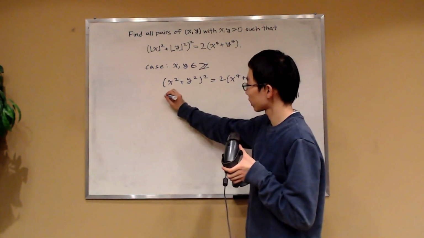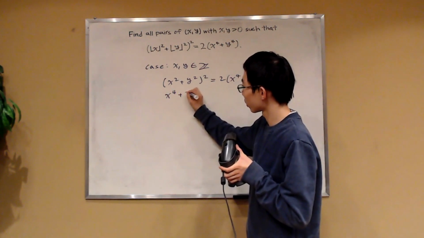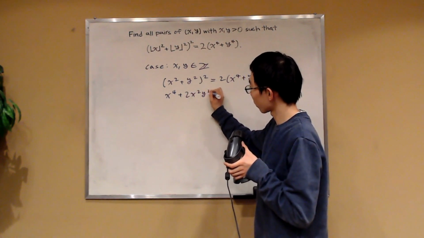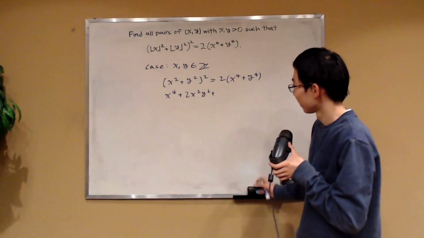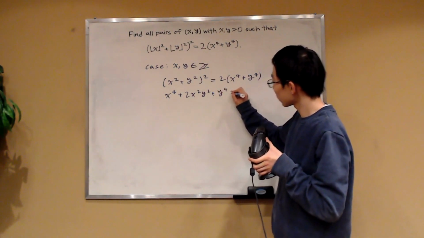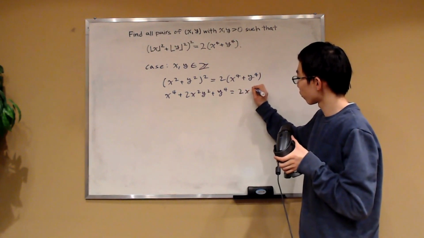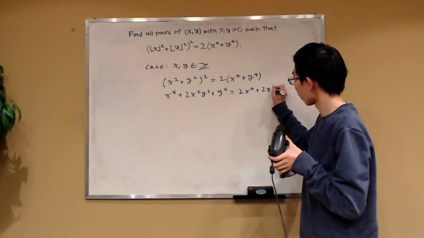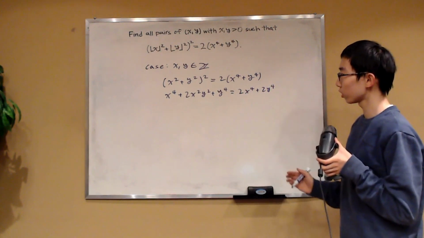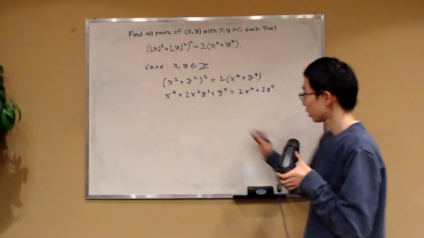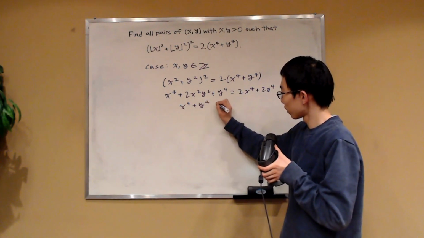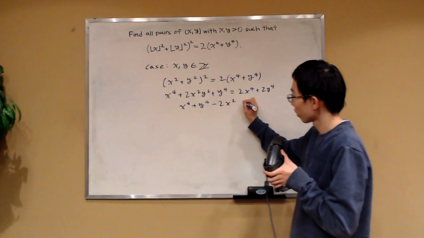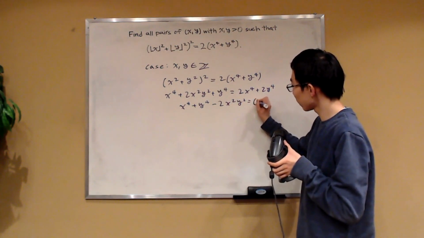So over here we get x to the 4 plus 2x squared y squared plus y to the 4, and this is equal to 2x to the 4 plus 2y to the 4. And now we can rearrange this equation into x to the 4 plus y to the 4 minus 2x squared y squared is equal to 0.